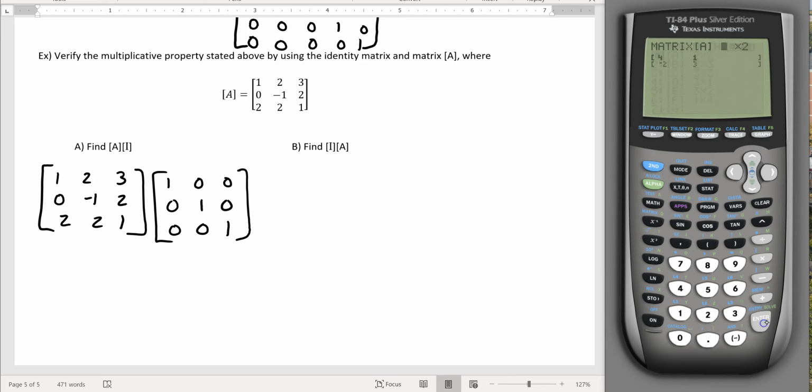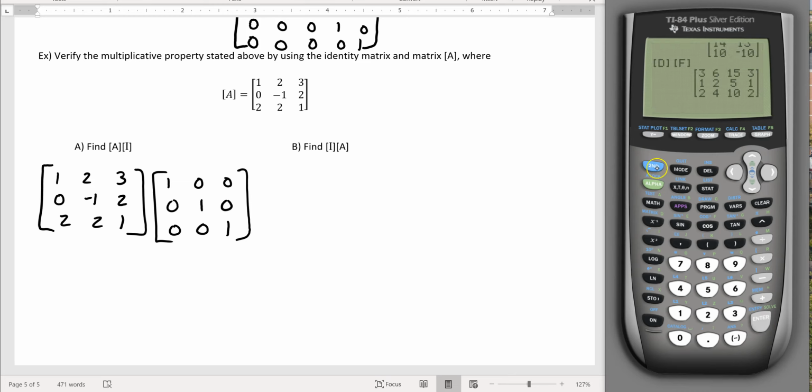I'm going to hit edit, and it's going to become a now 3 by 3 matrix of 1, 2, 3, 0, -1, 2, 2, 2, 1, enter. Second quit.